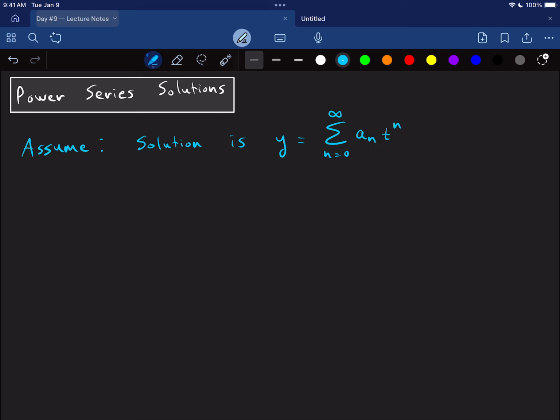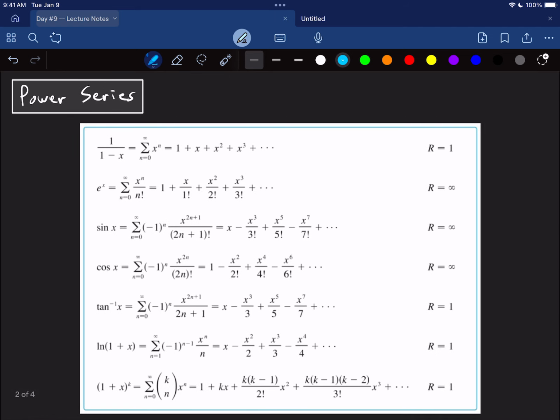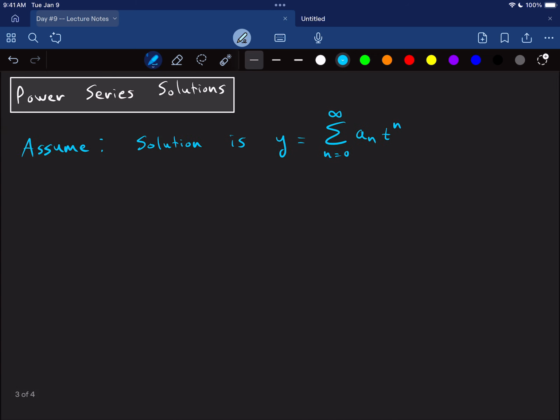You could do x to the n either way. What this is doing is assuming that our solution takes the form of some polynomial, but it might be an infinite polynomial. So it might turn into sine, cosine, e to the x, arctangent, something like that. But what we seek to do is find all of these values of a sub n.